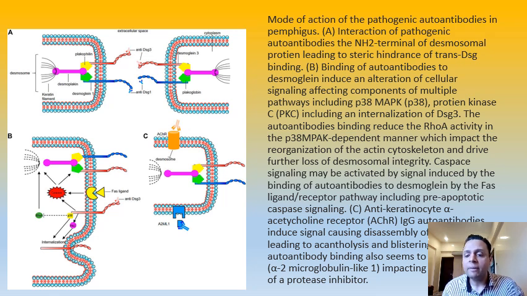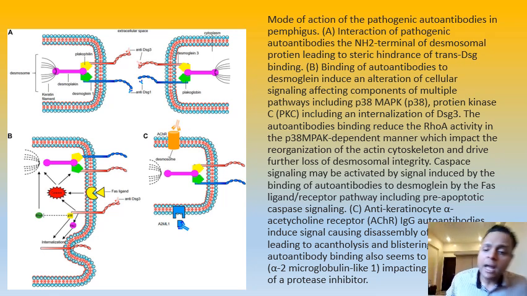The P38 MAPK pathway. And the P38 MAPK pathway is a very, very important pathway to maintain the actin cytoskeleton. So the actin cytoskeleton is finally maintaining the integrity of the desmosome. So when the actin cytoskeleton pathway is affected because the P38 MAPK pathway is affected because of binding, in turn it will lead to the loss of integrity of the desmosome.